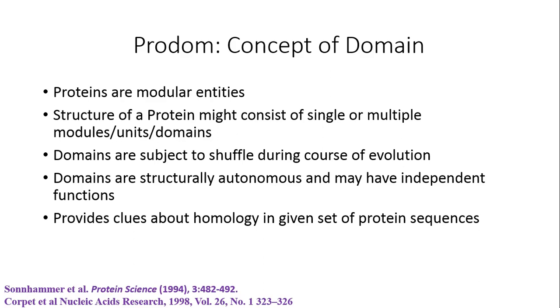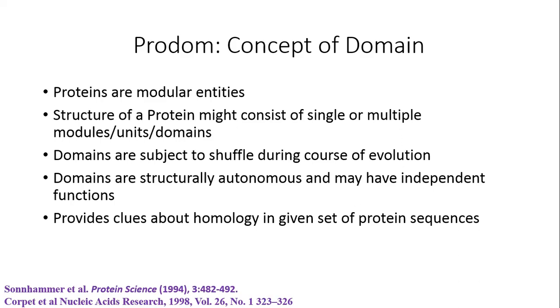Due to genetic events, it is entirely possible that these domains can change their position. They can get shuffled. However, if they get transferred from the N terminus to the C terminus or the middle of the protein sequence, they usually form a structurally autonomous unit and might have an independent function for each and every one.